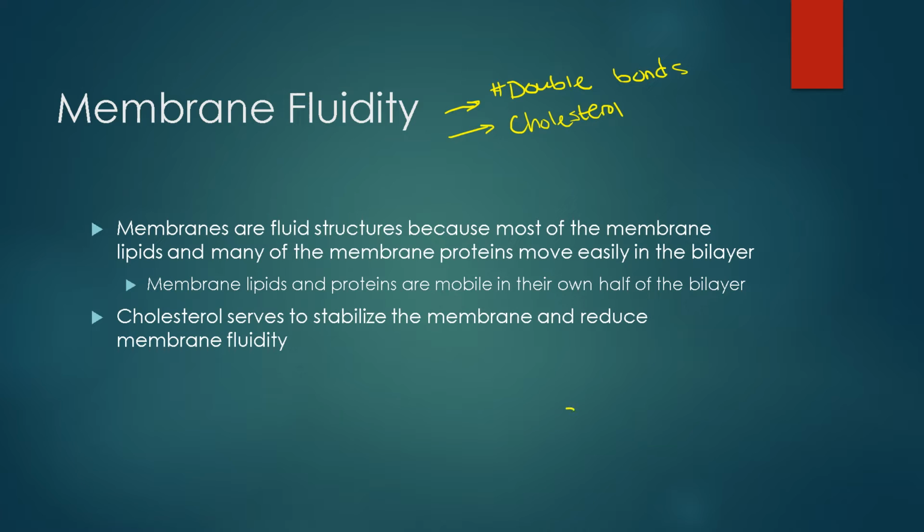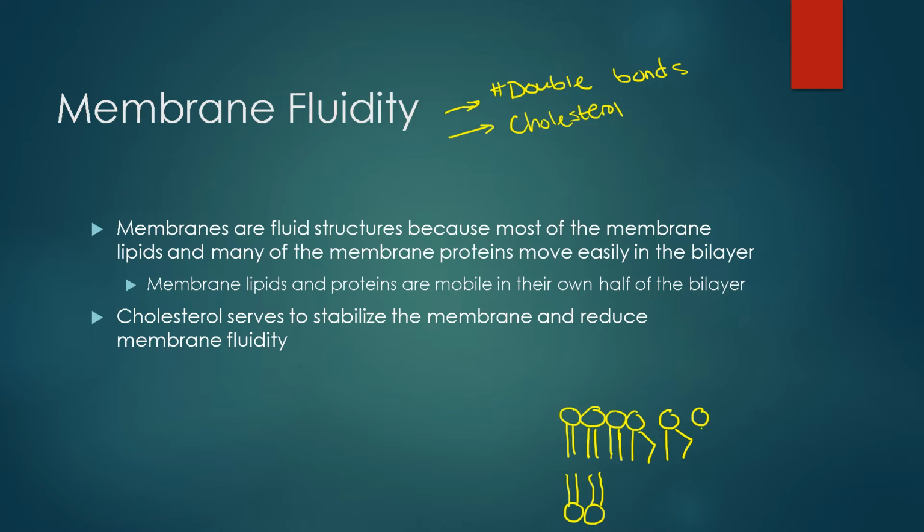So if we had these lipid tails here in the plasma membrane, remember this is going to be a bilayer, so we have two layers here, but we'll just look at half of it for now. So if they are completely saturated, these tails are going to be completely straight. We can pack them really tightly together. On the other hand, if we start having kinks sticking out here, we can't pack them as tightly together.